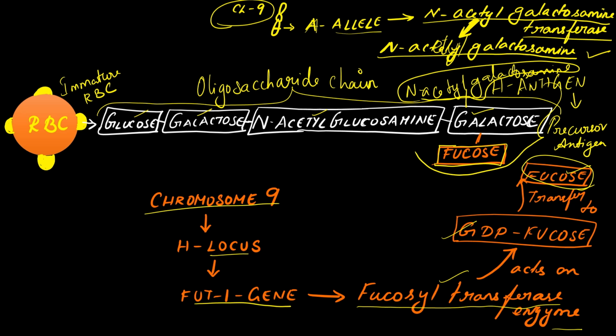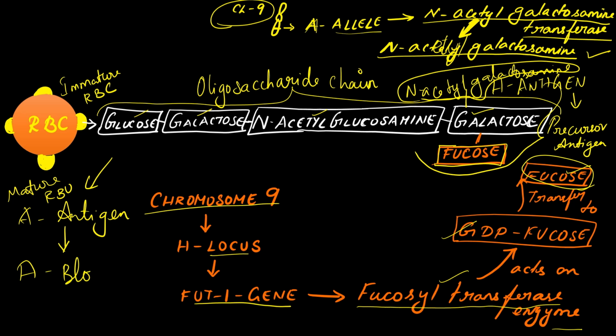When N-acetyl galactosamine is added to this H antigen, the H antigen becomes the A antigen. Now the RBC has become mature with the A antigen. Due to the presence of the A antigen, the RBC is differentiated into the A blood group. This is how the blood group will be differentiated.